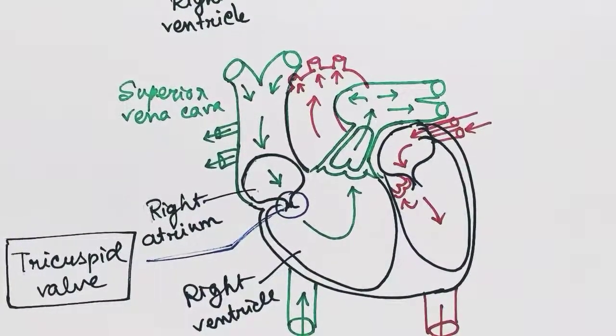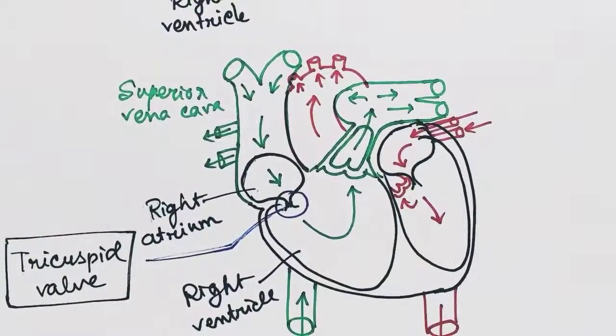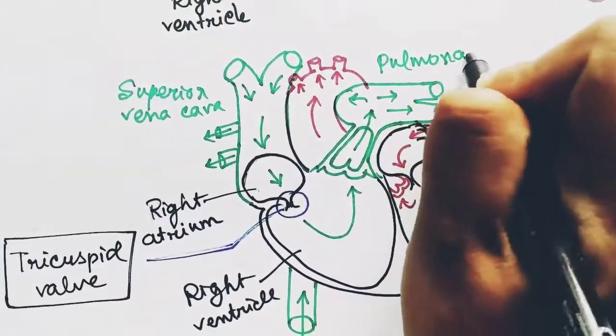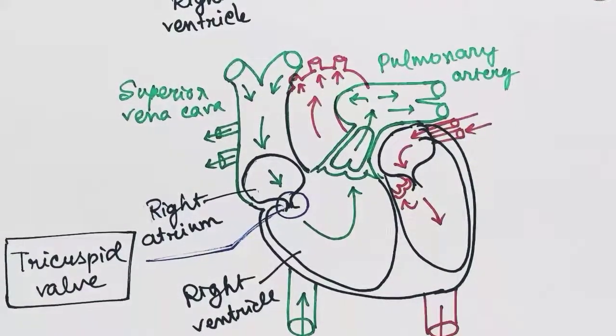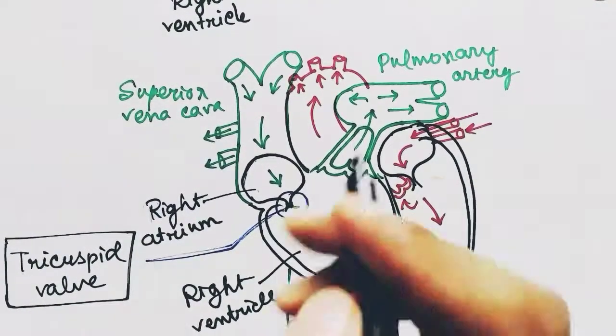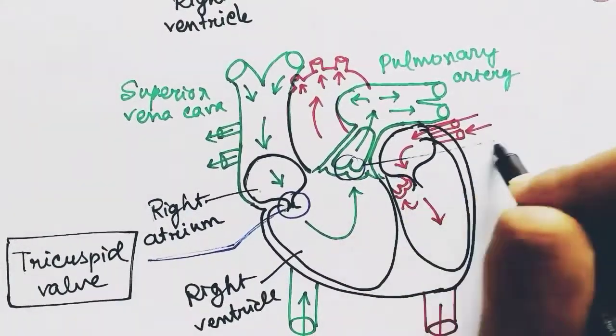Next, from the right ventricle, the blood will enter the pulmonary artery, and between the right ventricle and pulmonary artery, there is a valve present that is called the pulmonary valve.